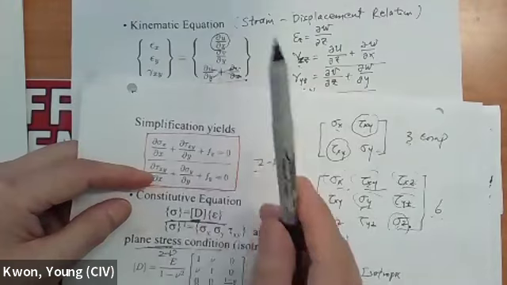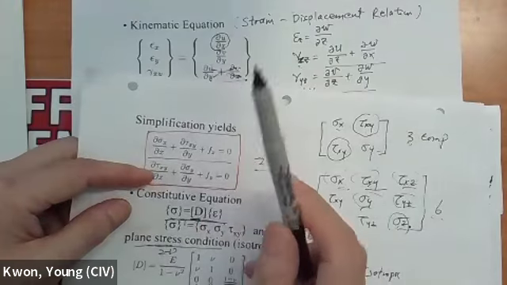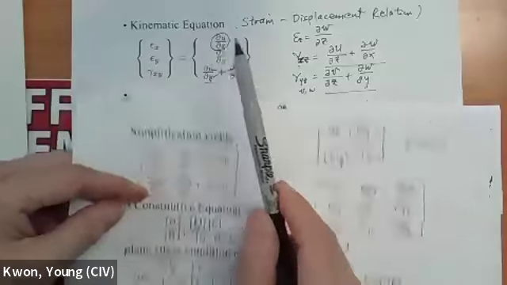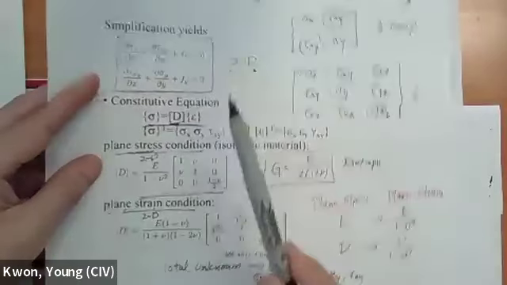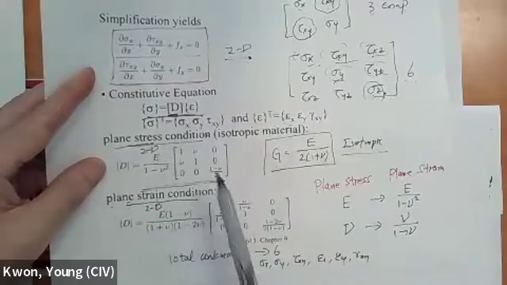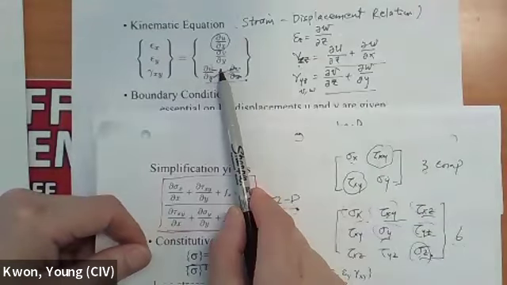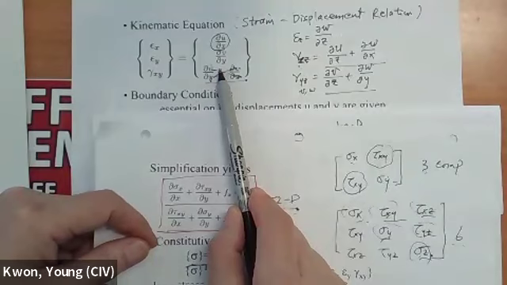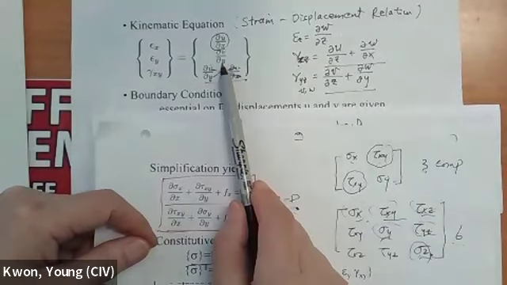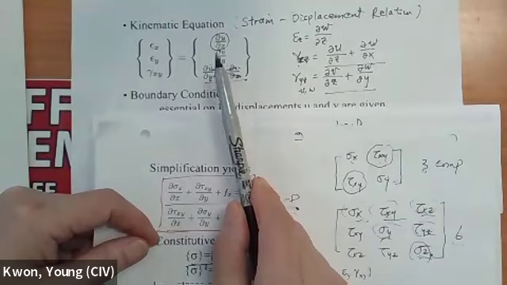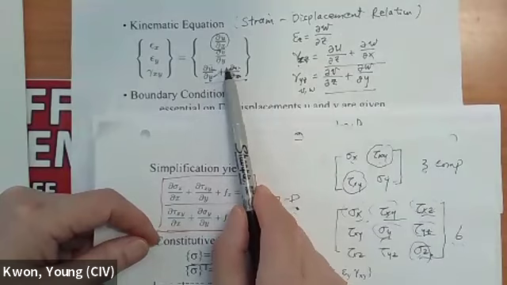8 equations. Then how many unknown variables? 3 stresses, 3 strains, and how many additional unknowns? 2 displacements, U and V. So 3 plus 3 plus 2, 8.